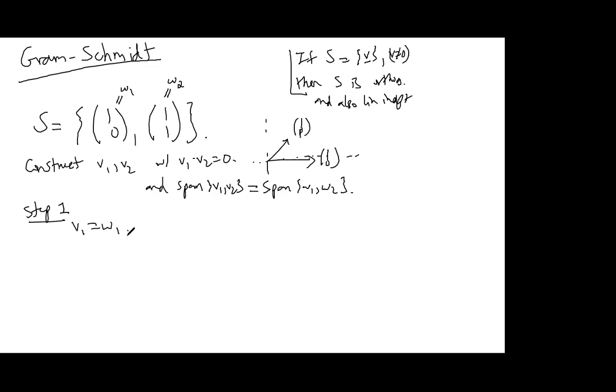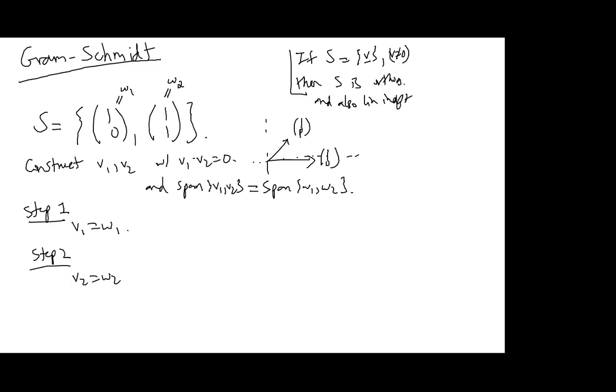So for step 1, V1 equals W1, and then step 2, if we want the spans to be the same, we would like V2 to be W2. But there's a problem, which is that these 2 are not orthogonal, and so we can't do this.